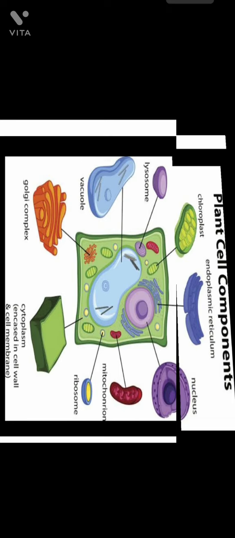The enzymes which are present in this are acidic in nature. Why is it acidic? Because for the digestion of the carbohydrates and so on, whatever food we take to digest, the lysosomes are present. The lysosomes contain enzymes which are acidic in nature.